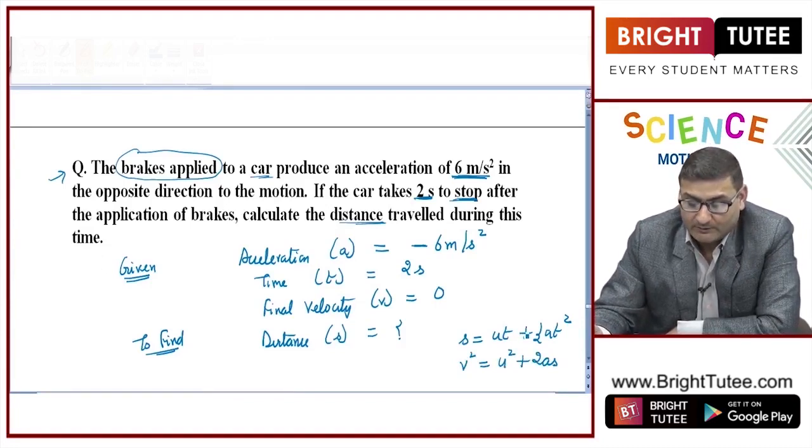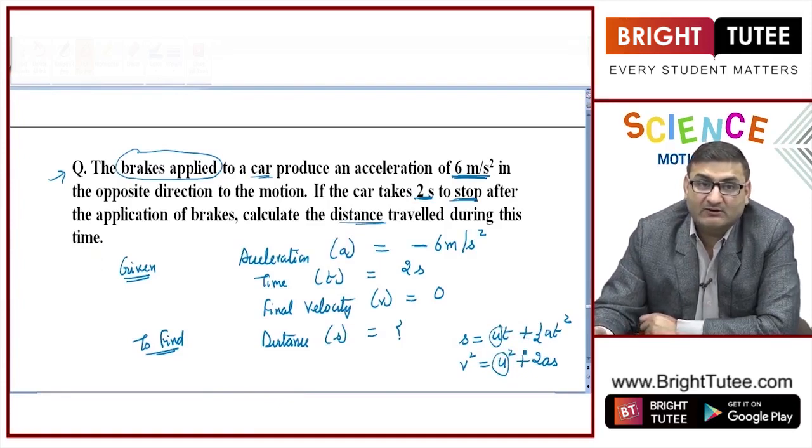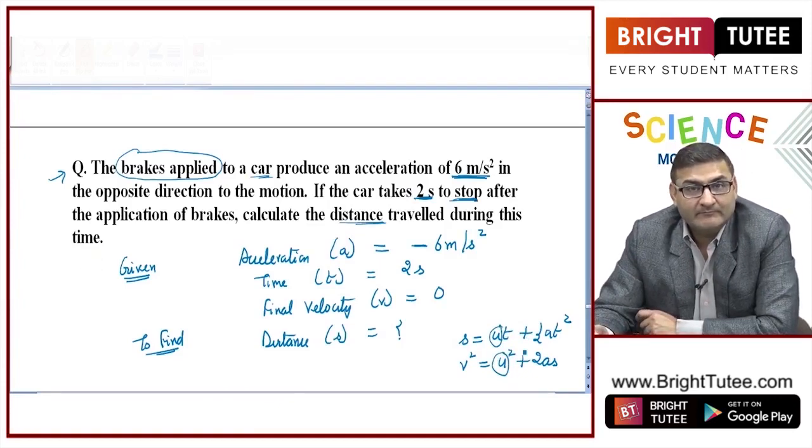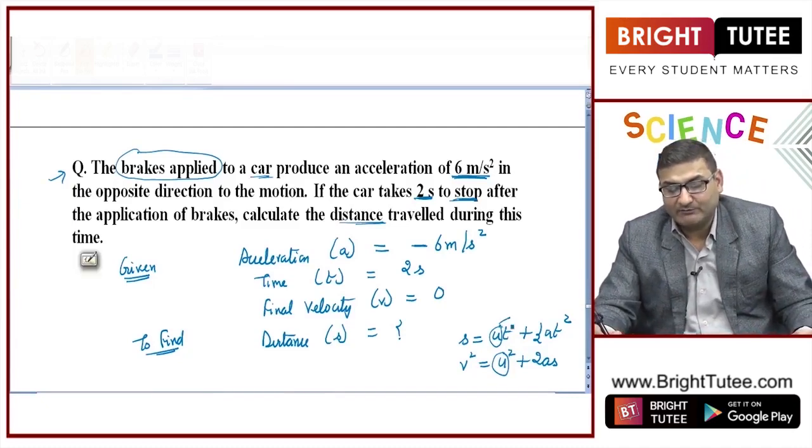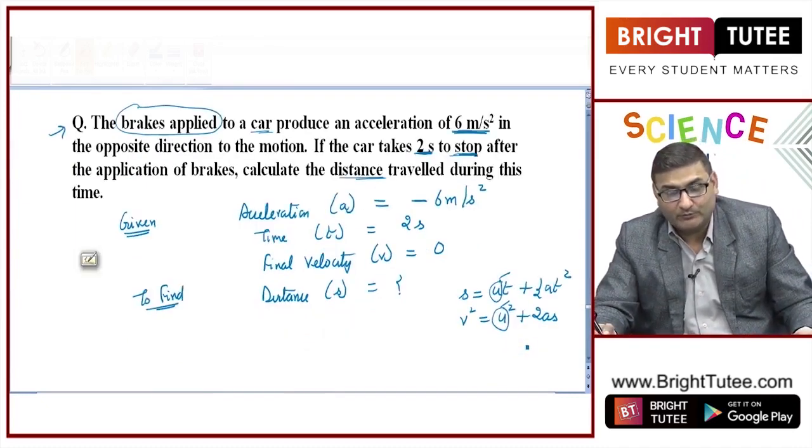But the problem is, in both cases, the initial velocity of the car is not given to me. And if the initial velocity is not given, how am I going to find the distance? So in this question, we need to first find the value of u.